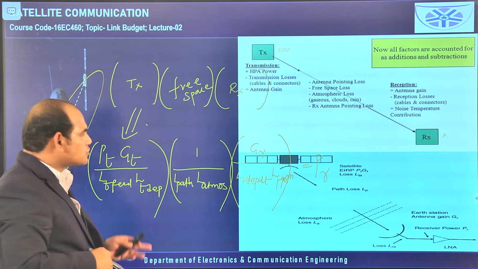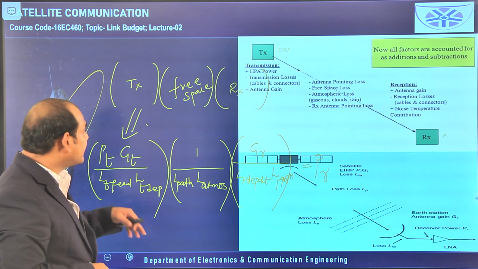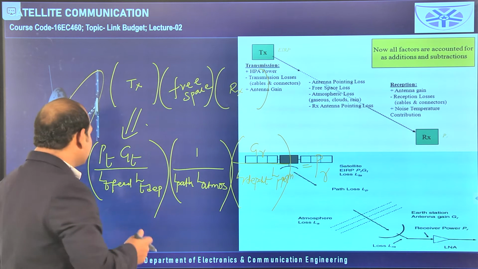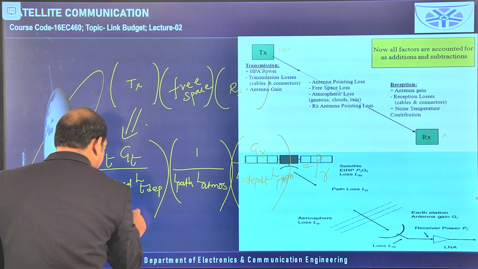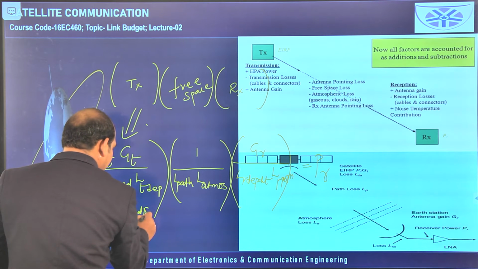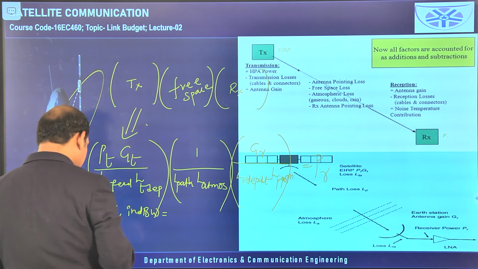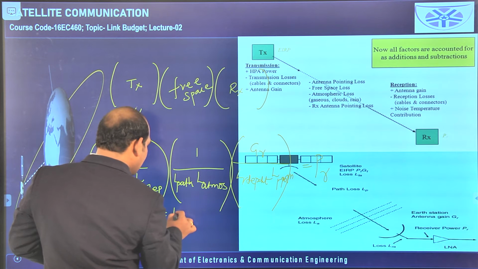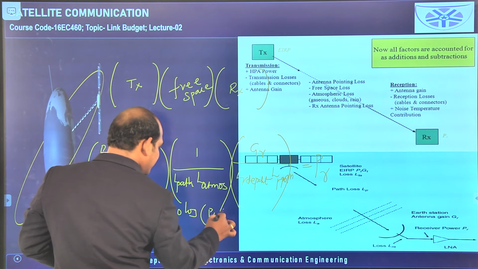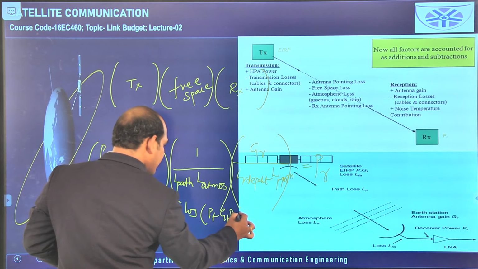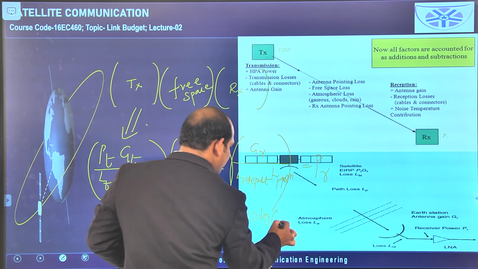So this entire equation has been written without taking dB, but if you take in dB, how it is coming is, PR in dB, that means dBW, because it is power, that is dBW, it is equal to 10 logarithm of PT GT plus 10 logarithm of GR.